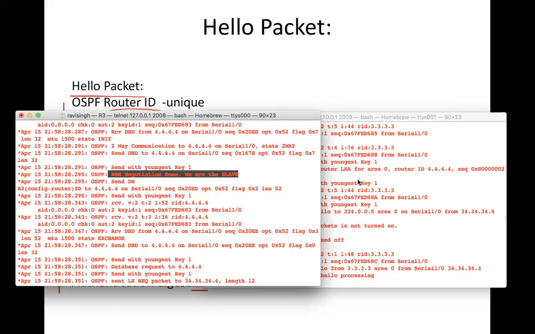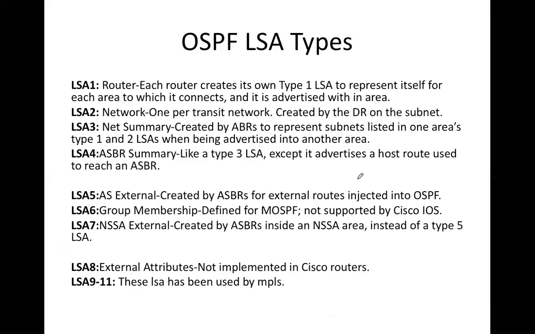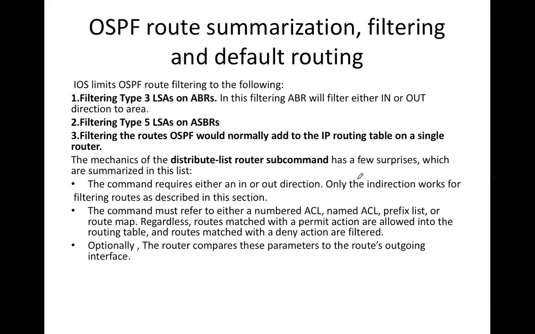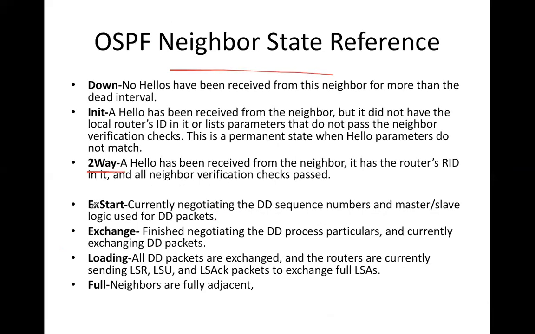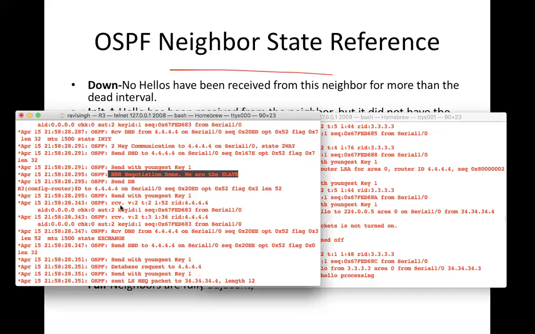That is basically the next OSPF state here, ExStart. Currently negotiating the DD sequence and selecting the master and slave logic. And then finally, the next state is Exchange. This is where they finish negotiating the DD process and are currently exchanging DD packets. And you would see here, receive DBD, send DBD, and then the state is Exchange.